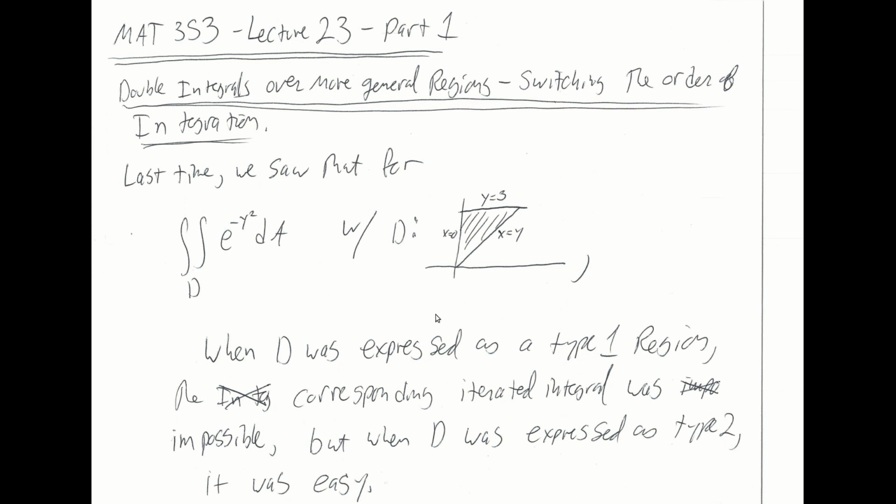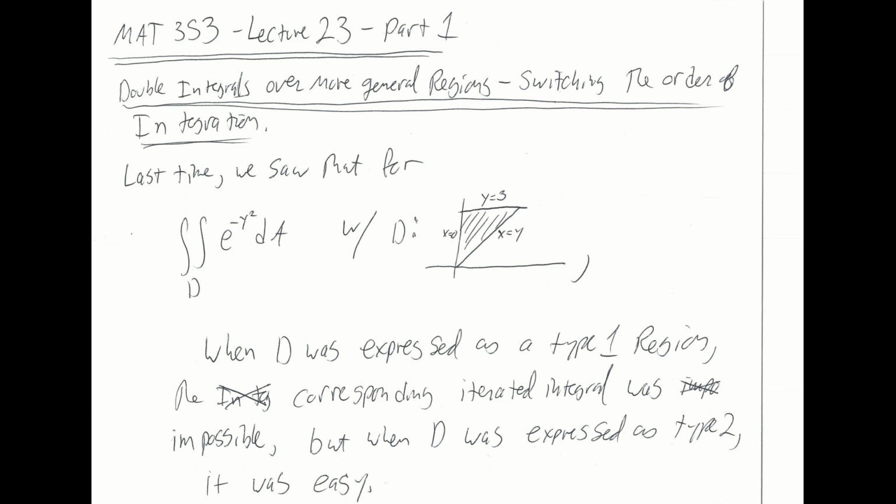We recognized that if we represented D as a type 1 region, the corresponding iterated integral turned out to be impossible. But when we reformulated D as a type 2 region, to which it is equally amenable, we were able to write down a corresponding iterated integral that proved to be relatively simple. It only took a simple u substitution to compute that integral.